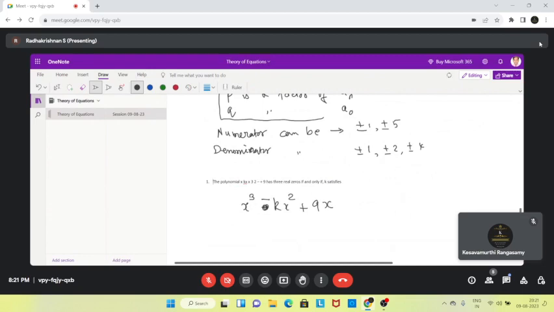So we have to determine the roots. We can easily determine the roots of this equation. Okay, so what are the roots? The moment you see there is no constant, like I said, you can take out an x.